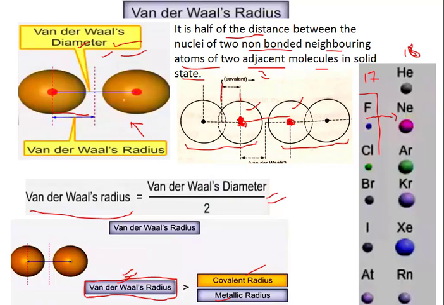Two non-bonded atoms of adjacent molecules are taken into consideration in their solid state, so this distance has the largest value, whereas after this it's metallic radius, which is bigger, and the last one is covalent radius. So we can conclude that the stronger the interactive force, the smaller is the atomic radius, right? So van der Waals radius has the maximum value, then metallic, and then covalent with the least value.